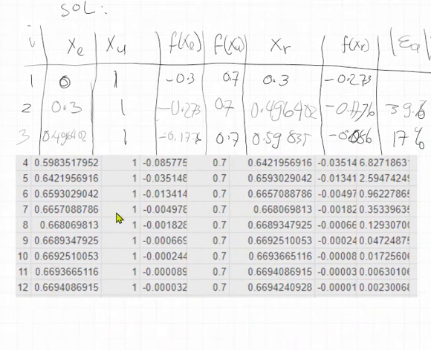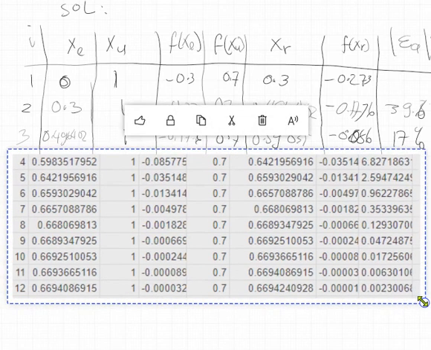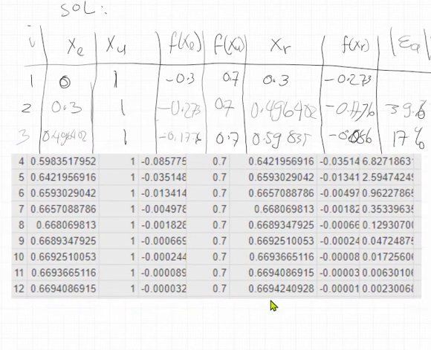So if you can observe, xu does not change. So this makes our computation easier because we only change xl. We don't change xu. And we stop at 0.002% approximate error, and this is the answer, 0.66942, and it's still accurate up to 1, 2, 3, 4 significant figures, and also the bonus, the fifth one.